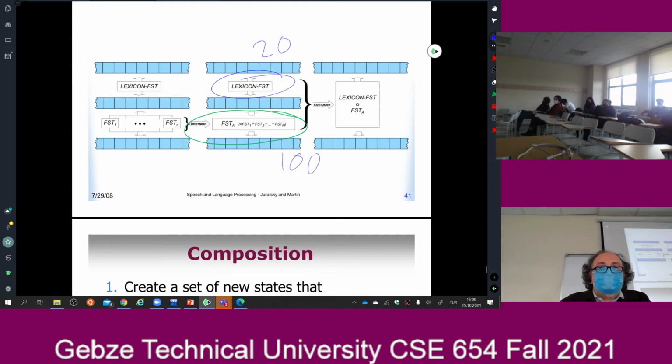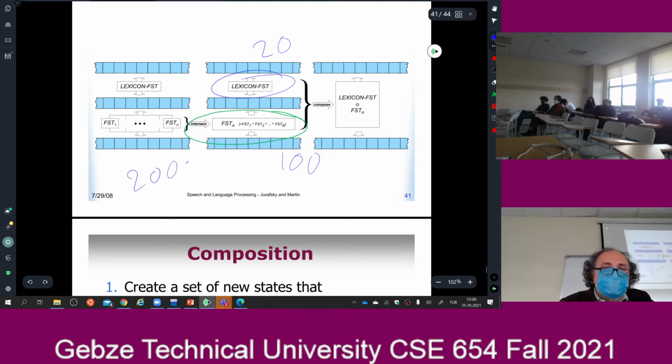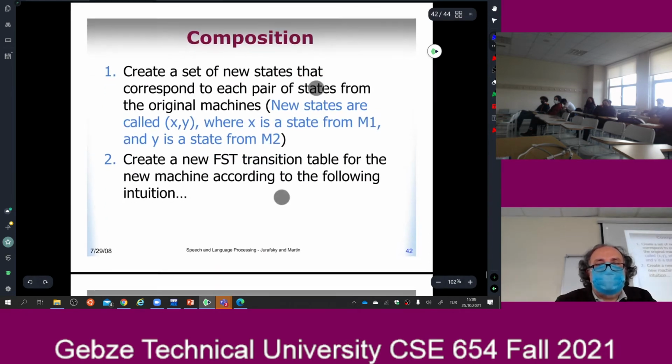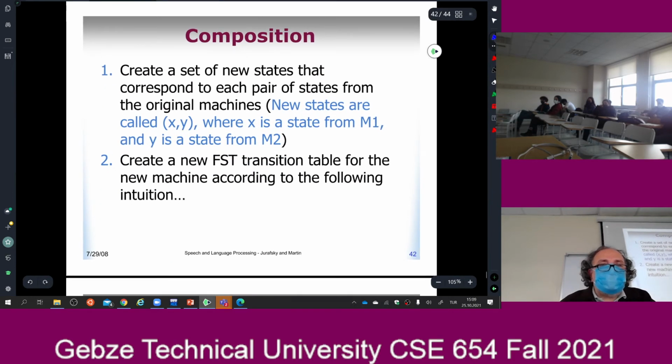So for each of these states, I will make a combination with the second one. So 20 times 100, there will be 2,000 new states in the combined network. Okay, so that's called composition. New states are called XY. X comes from the first transducer, Y comes from the second transducer.